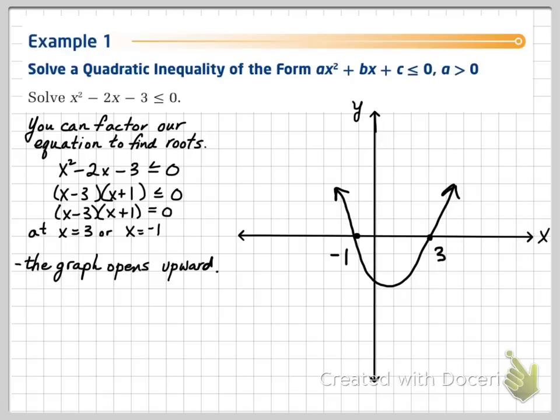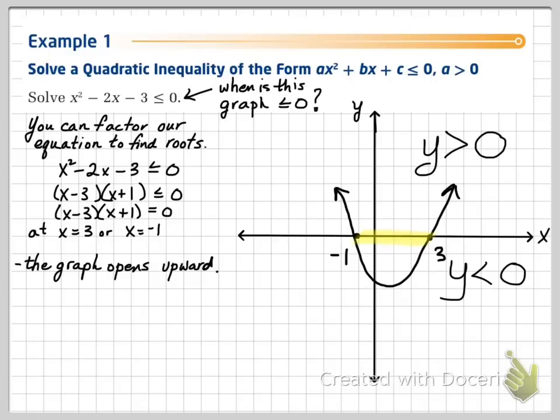Notice that when x is between negative 1 and positive 3, where I put the yellow line, that is where the graph is going to be below our x-axis. It is in the zone where y is less than 0.